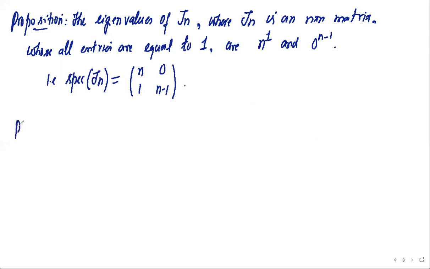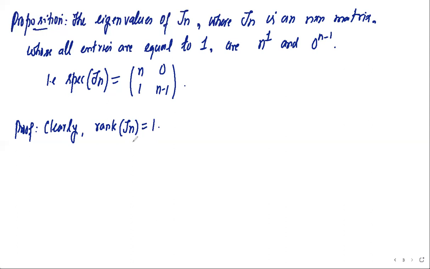So now in the proof, clearly the rank of this Jn is equal to 1. And this can clearly be seen: if we have n rows in this Jn matrix, then we can take R2 minus R1 gives R2, R3 minus R1 gives R3, and similarly Rn minus R1 gives Rn.